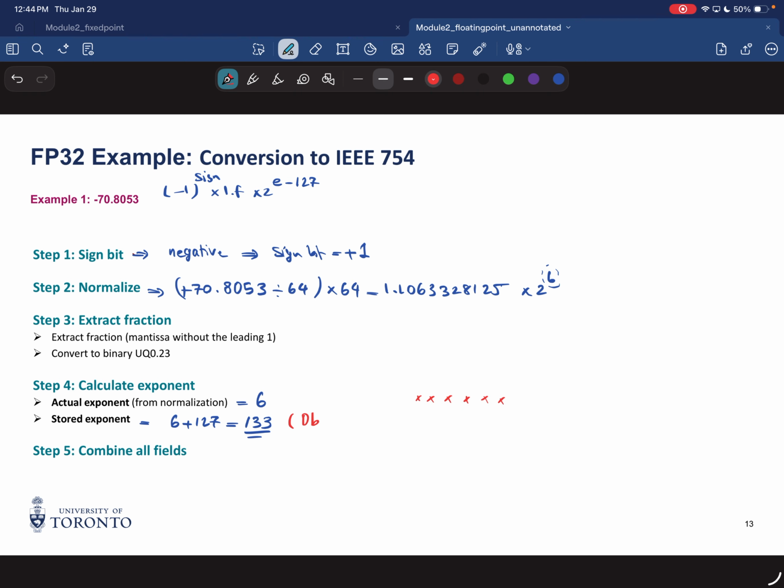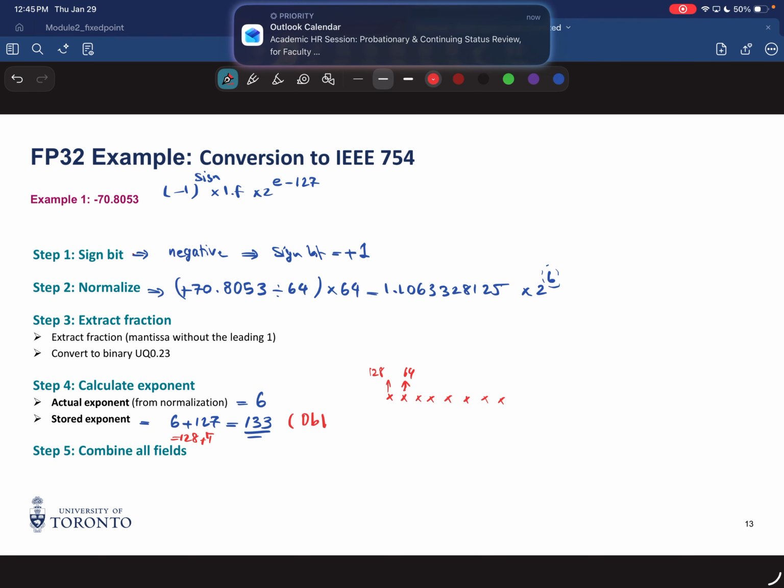3, 4, 5, 6, 7, 8, right? This is 64. This is 128. So it's 1 here. Then it's going to be 128 plus 1. Plus 5, sorry.